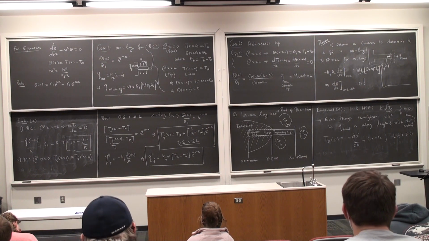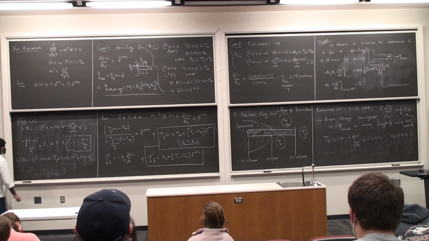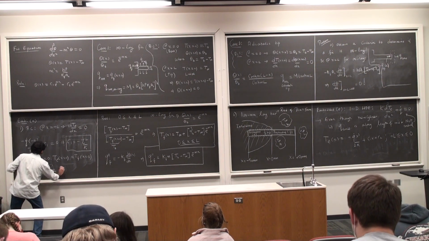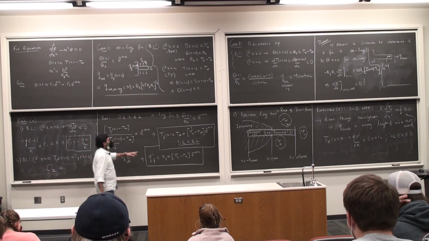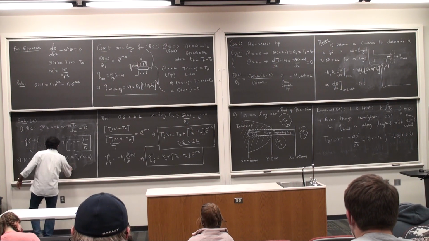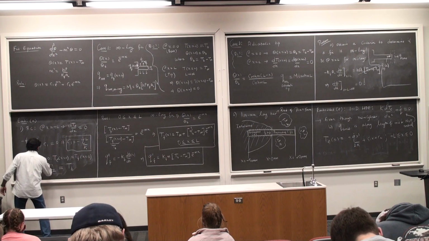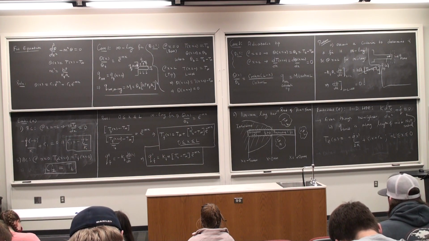Alright, and if I do the substitution, TE at x is equal to 0 is C2. T fin at x is equal to 0 is the base temperature, so if you want you can substitute here. It's going to be T infinity plus TB minus T infinity, which is TB. So that's the second thing. That's calculated. And then the last one.